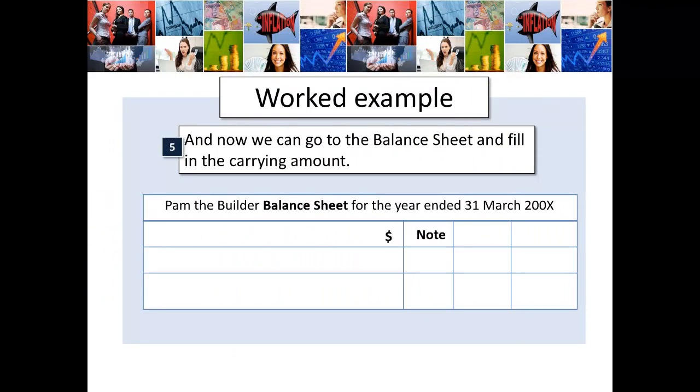Go to the balance sheet, fill in the carrying amount, non-current assets, PPE, with our note, our van, which is now valued at $27,000. So, step by step by step, after initially calculating how much we're going to depreciate that asset by each year, straight line.